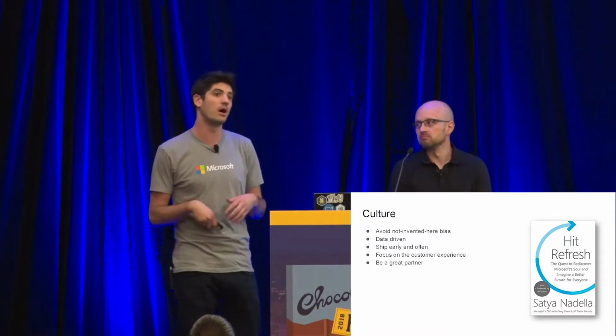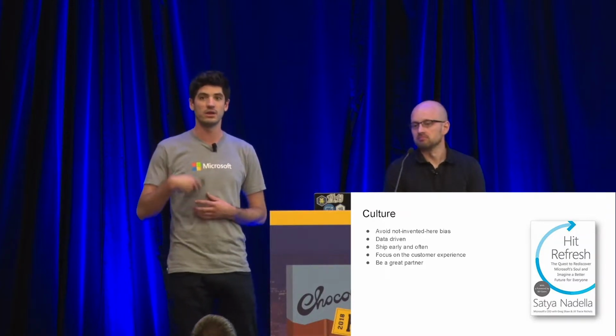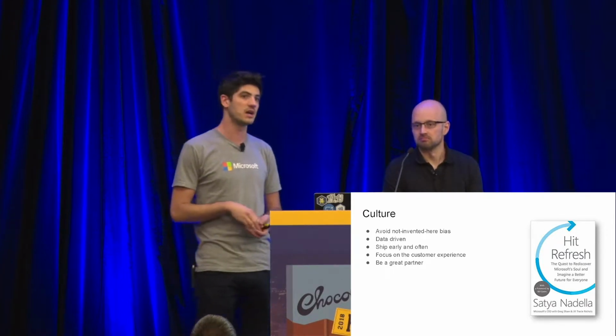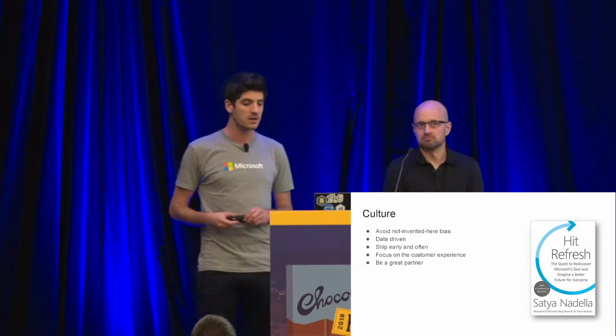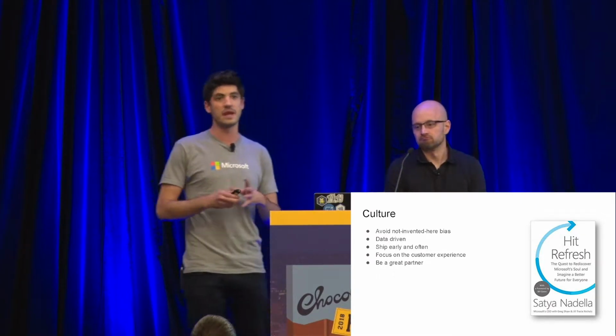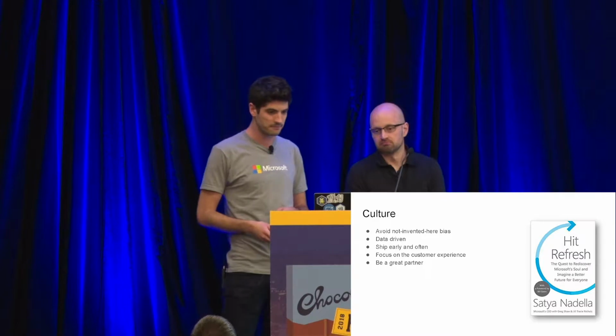Also outside the company, working with Chef and Puppet, or Red Hat, in the Azure support agreement, or the Adobe and Salesforce deals that Satya was talking about at Ignite last week. So these sorts of things just really across the board have enabled a transformational shift at Microsoft.